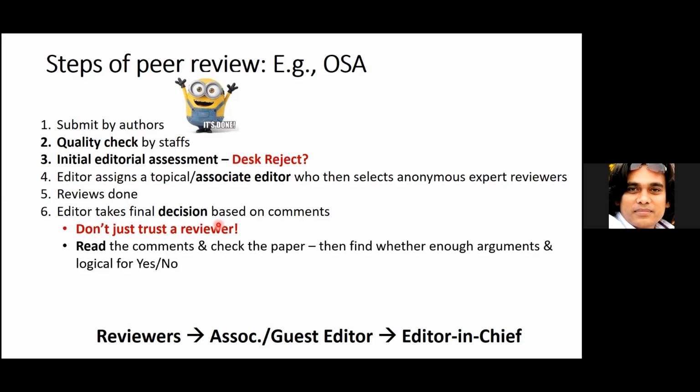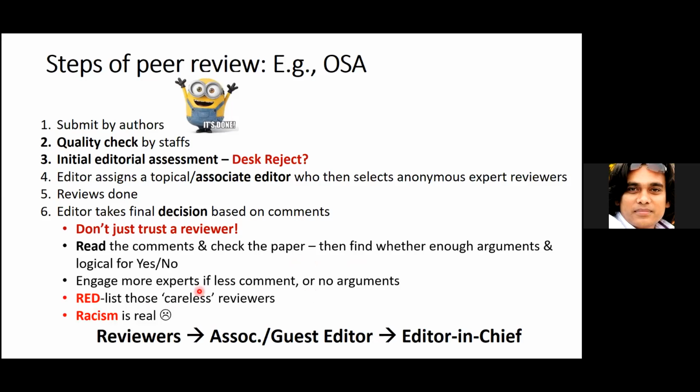Number two, read the comments and check the paper, and then find whether there are enough logical arguments for accept or reject. That is very important. And engage more experts if you get fewer comments from some reviewers, or no arguments for accepting or rejecting the paper. And red list those careless reviewers.